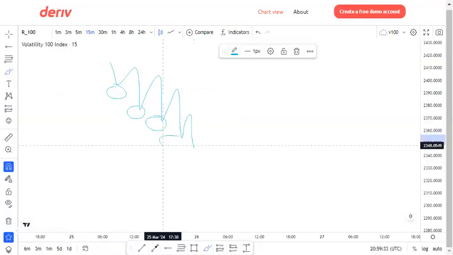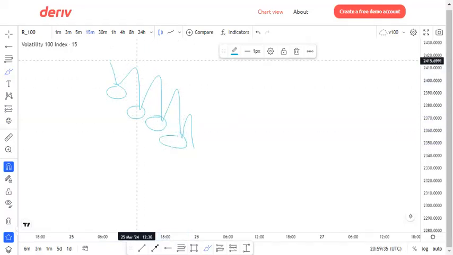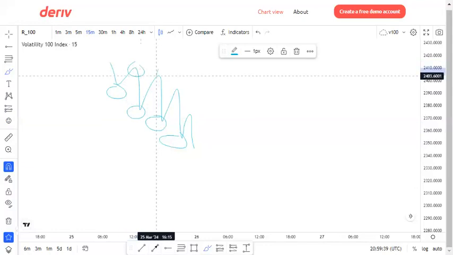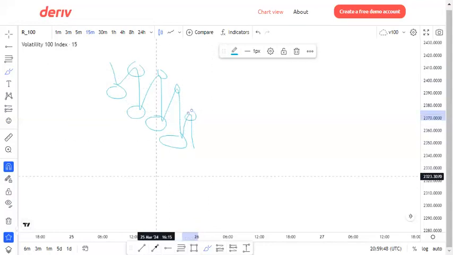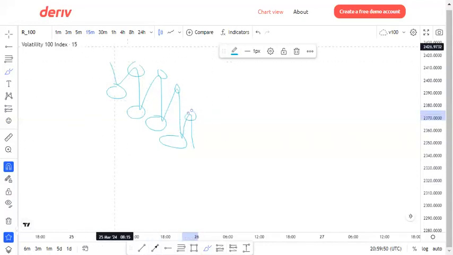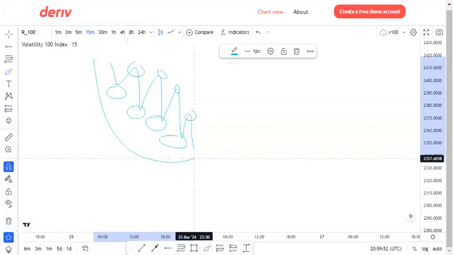And these are the lower highs, these are the lower highs. So this type of market is called a downtrend.